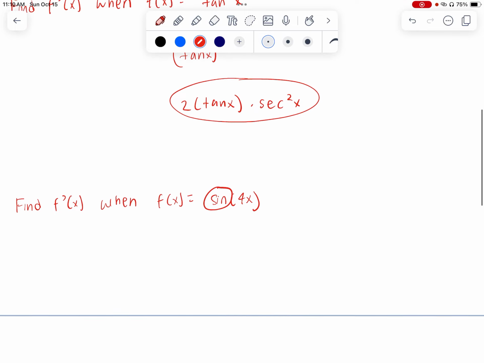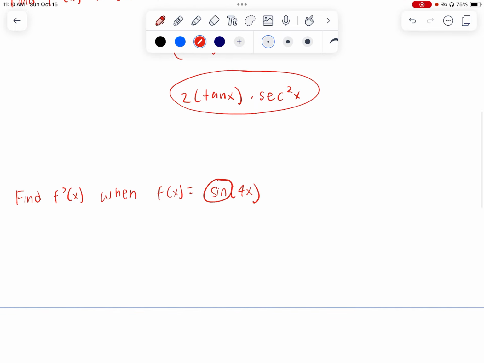So we have to find the derivative of the outside function first, and the derivative of sine is cosine. So cosine 4x, and then you multiply it by whatever's inside the parentheses, the inside function, and the derivative of 4x is simply 4. So your final answer will be 4 times cosine 4x. Simple enough? Alright. And that would be your final answer.